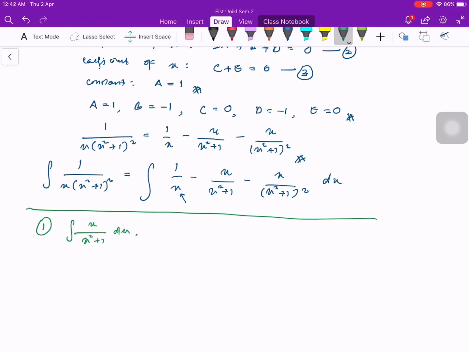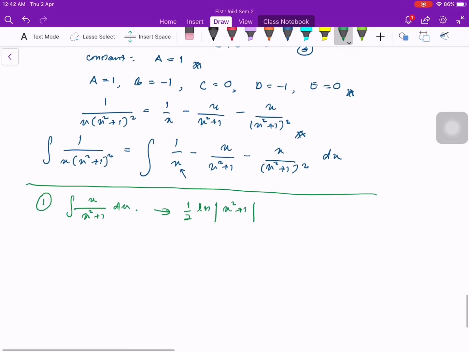So this one saya dah buat pada contoh yang kedua tadi, di mana yang sama saja. So from the example 2, by substitution saya akan dapat 1/2 ln absolute with x squared plus 1.